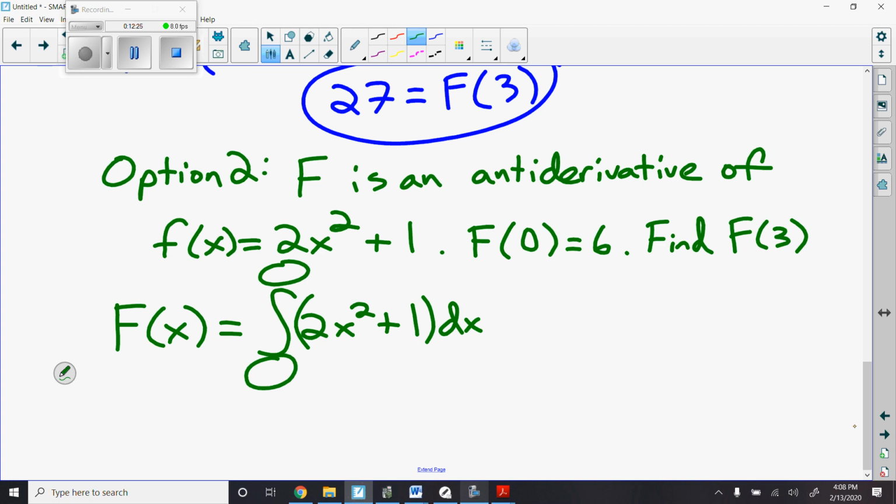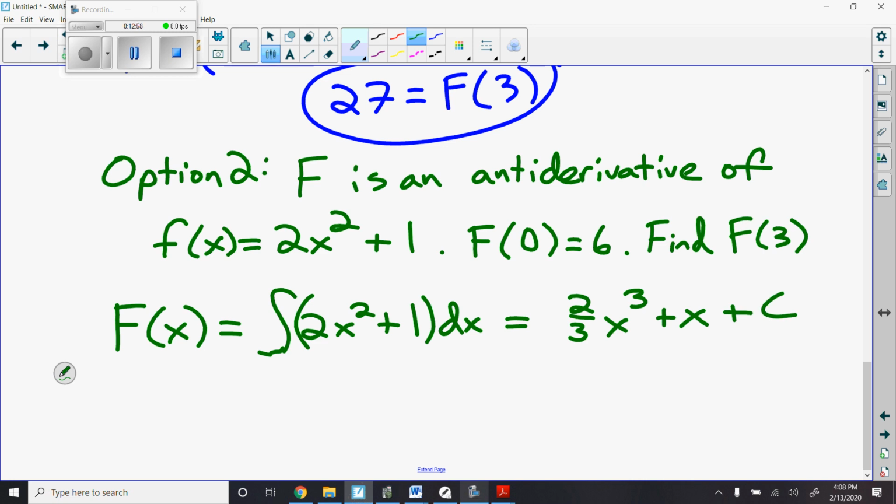Sorry, that makes it look like zeros. I'm going to erase it. But notice there aren't numbers up there. And again, we also know how to do this because we just did it on our test. Let's erase that. And if I did this indefinite integral, I'd get 2/3 x cubed plus x plus c, right?